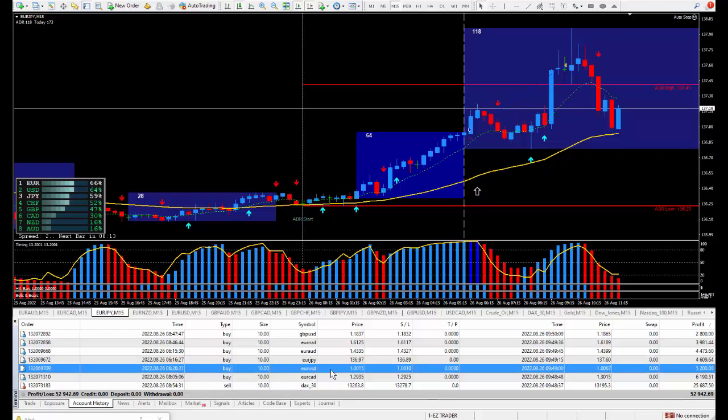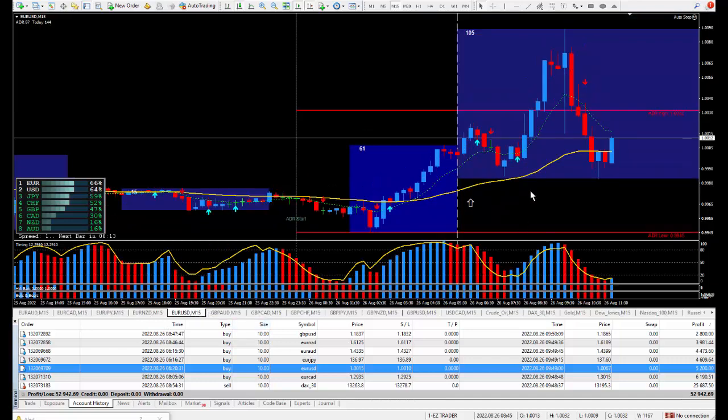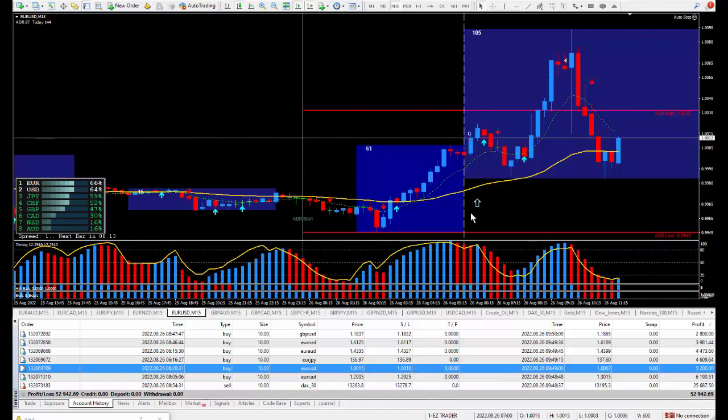Moving on to the euro dollar, and like the pound dollar, it pays $10 for each pip. By the way, you remember from the pound dollar, it did exactly the same. Started to go up, decided to do a pullback, which is not a big deal.